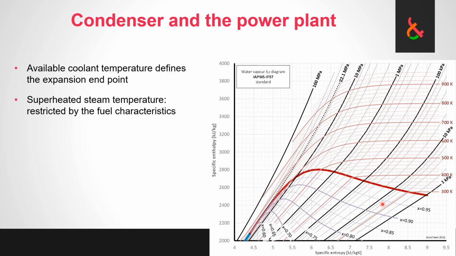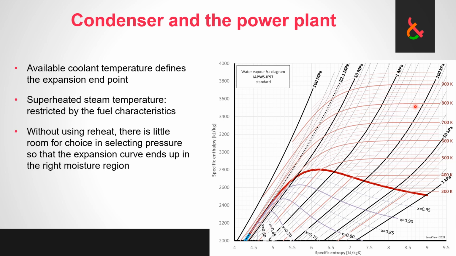And if we know what our fuel is, that also means how hot we can heat our steam in the superheaters without corroding them becomes pretty much fixed. So there is a range to play with, but it's not all that wide. What that means is that if we don't use reheat, there's not a whole lot of room for choice.